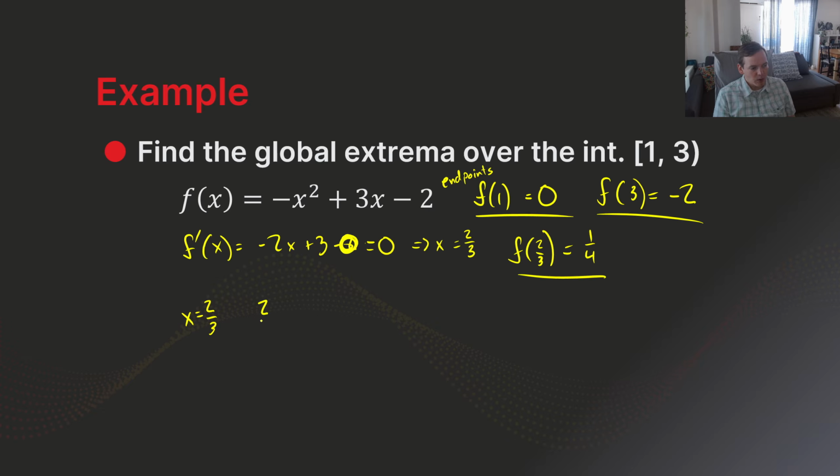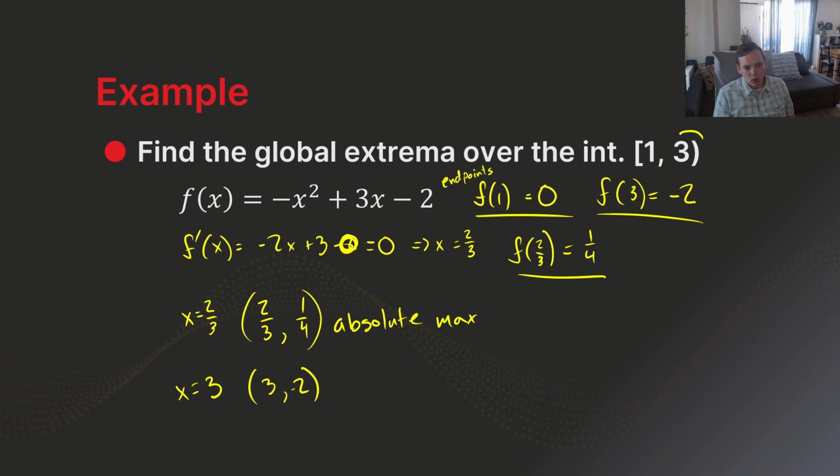That means the point (2/3, 1/4), because they're asking for the global extrema, which means they want the point, so we need to give the x and y value. This is the absolute max, because it was the biggest of those three values. Now if we go x equals 3, that would be (3, -2). This is the lowest point.